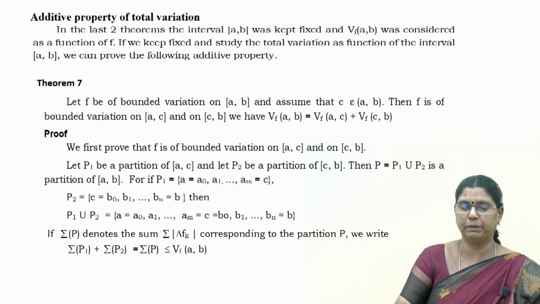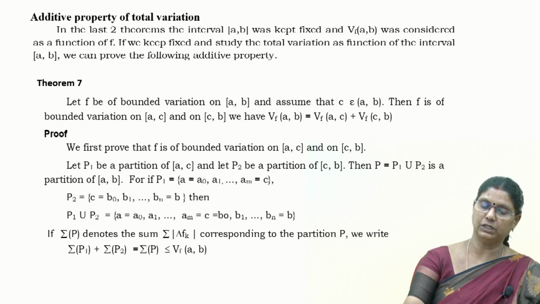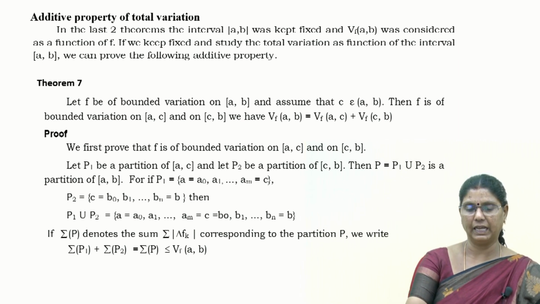Then P1 union P2 is from a to b. The summation over P denotes the sum of modulus of delta fk corresponding to the partition P, and we can write this as the summation over P1 plus the summation over P2, which is equal to the summation over P, that is less than or equal to the total variation on [a, b].